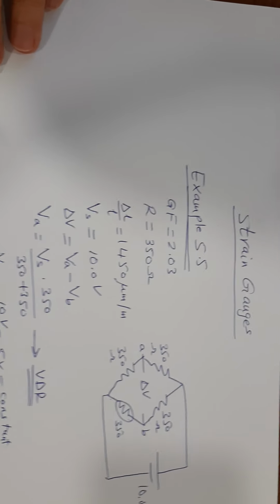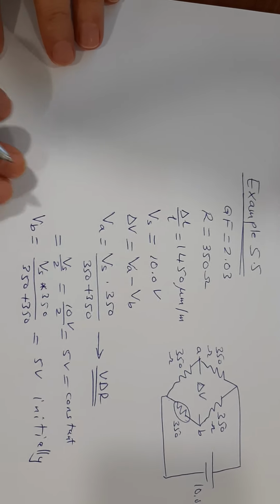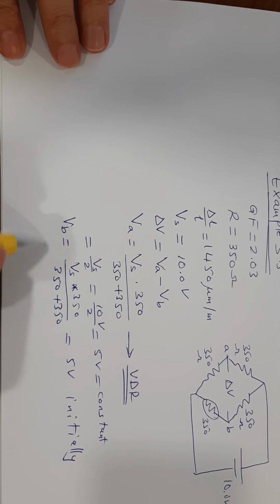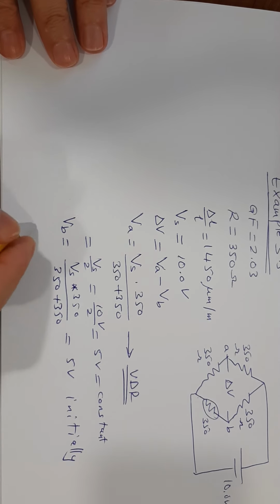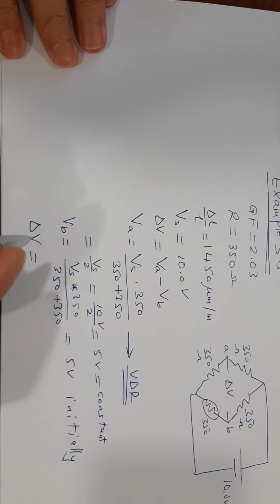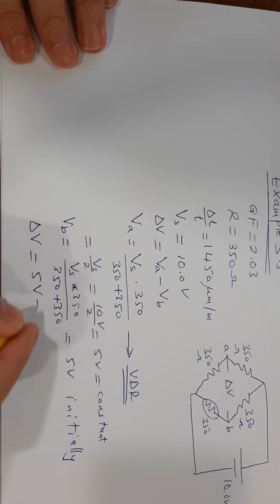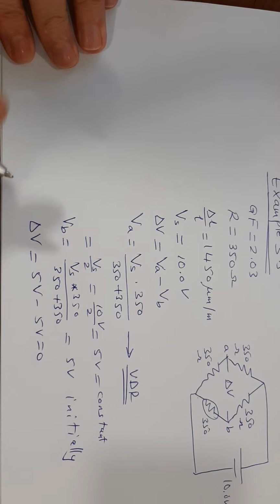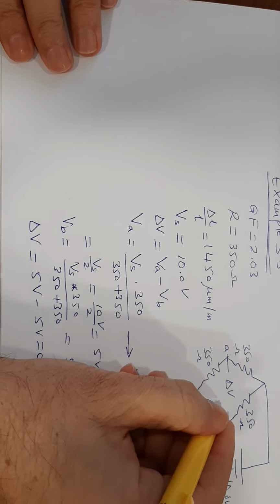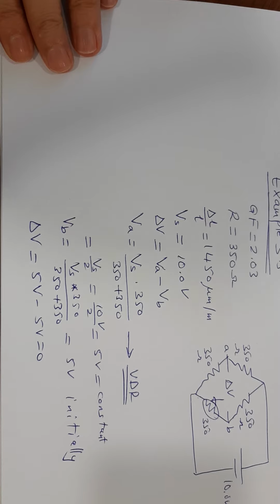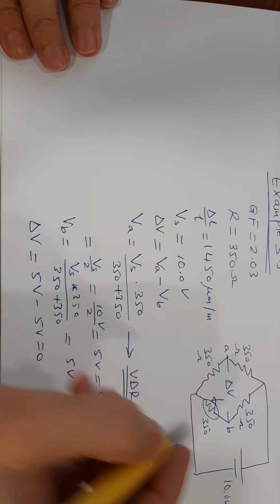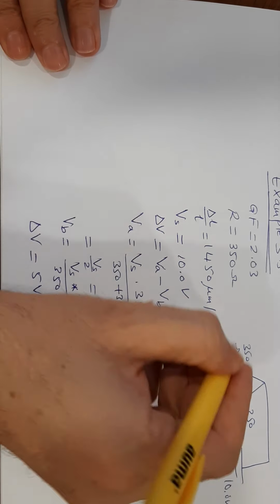Okay, this is initially VB, the same as VA. So delta V initially is equal to 5 volts minus 5 volts, and this is equal to 0. Now if we apply strain on this gauge, VB will increase, but VA will remain the same.